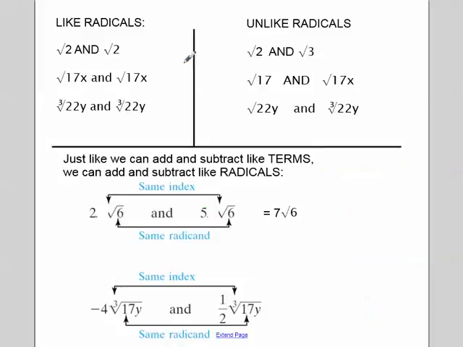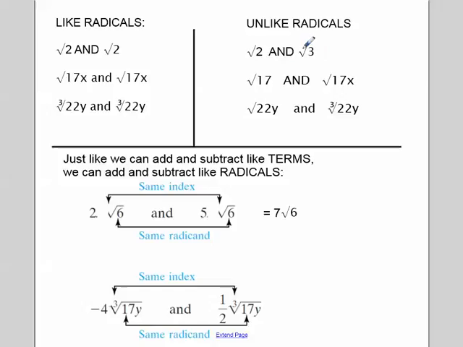So let's take a look at these. Here's some pairs. Like radicals or not? Like radicals, yes. Same index, same radicand. Key is the same, inside the house is the same. Unlike radicals: they're both a square root, but this is a square root of 2, this is a square root of 3.